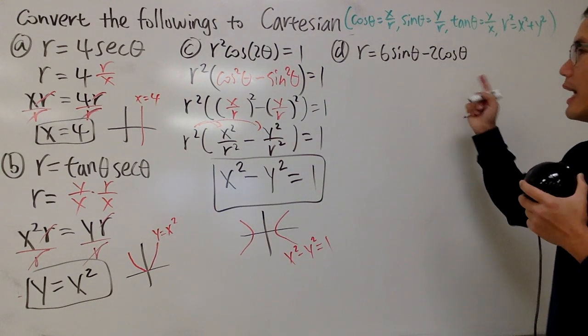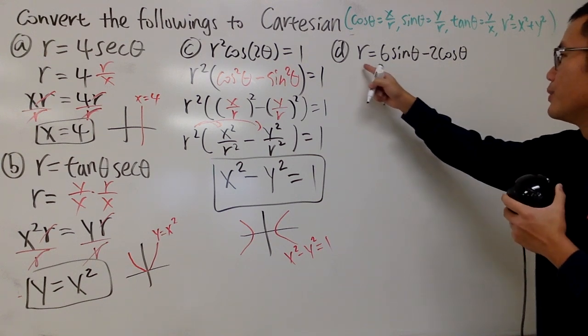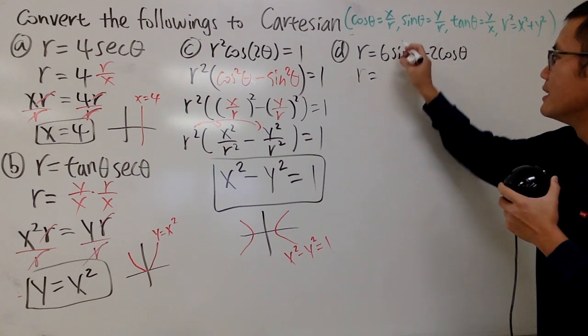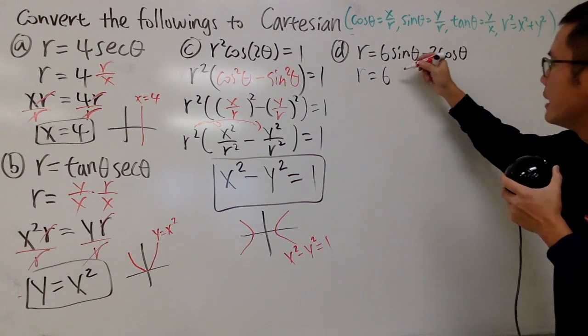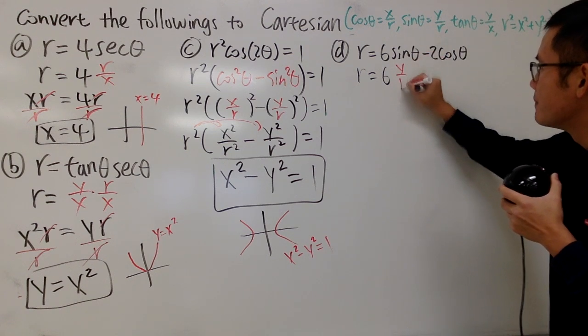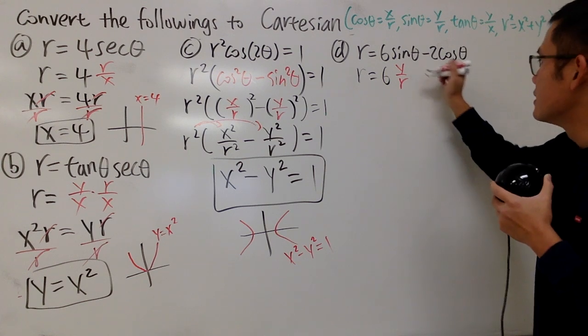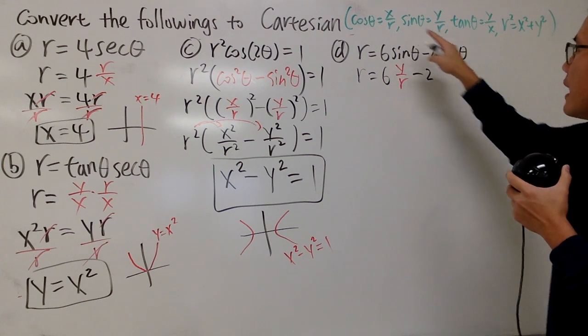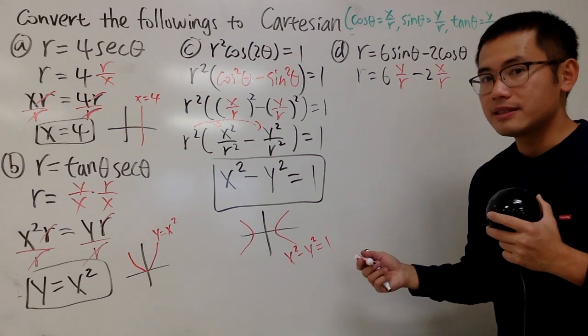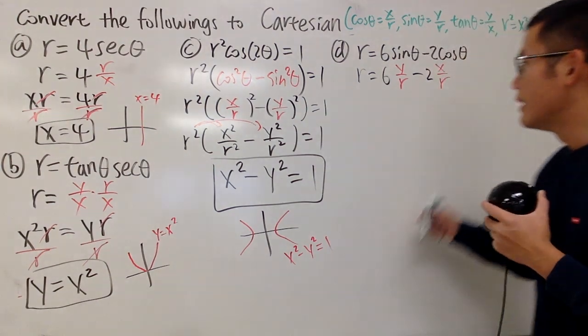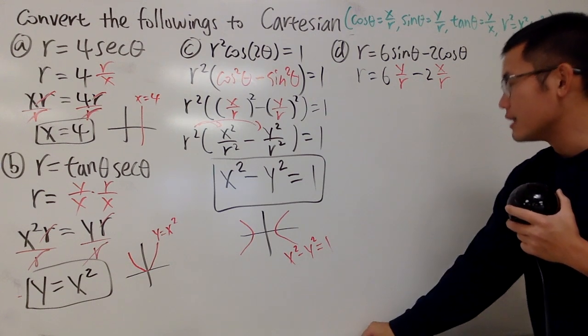Okay, so for the last one, let's go ahead and do the following. r is r, 6 is 6, and then sine theta is this, namely y over r. And then we see that this is minus 2. Cosine theta is x over r, like this. And that's very nice. Now, let's multiply everybody by r.